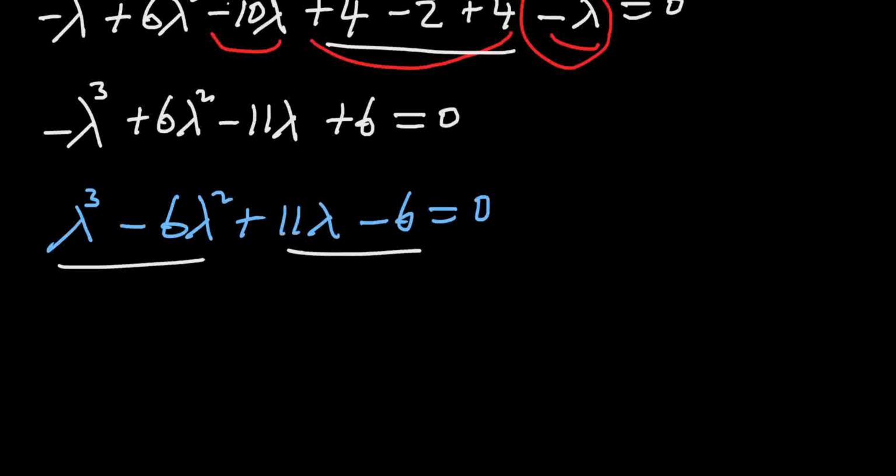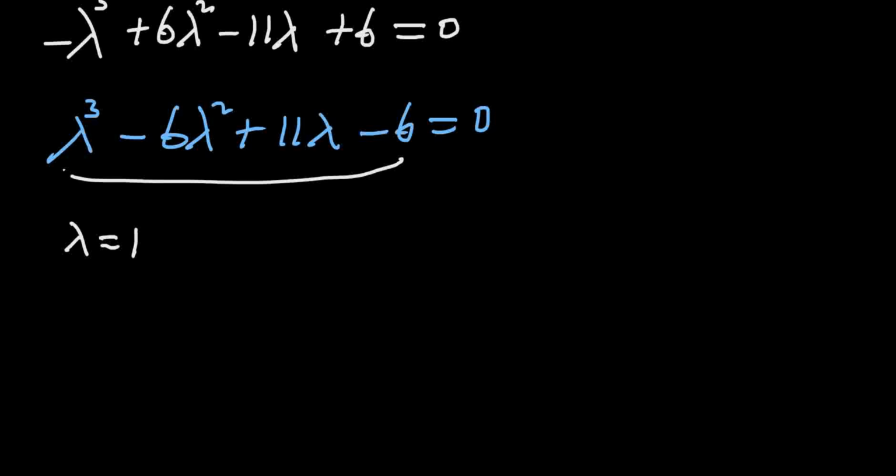The best way to deal with this kind of question is to guess a value of lambda that can make the whole of this equal to 0. So if we assume that lambda is 1, we have to test if this will be 0 if we plug 1 into the left side of the equation. So let's test it out.